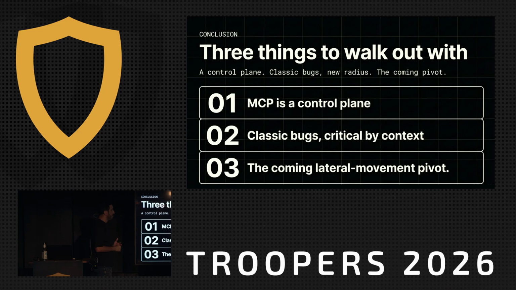I started with this, but I'll end with it as well. None of these issues that we just discussed are new. These are classic standard bugs that we used to see a lot in the past. Now in standard infrastructure, we see them less. But here, because it's new, because people are not yet fully aware, we see them a lot.